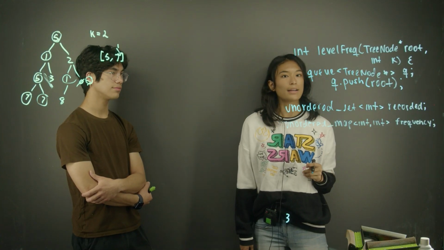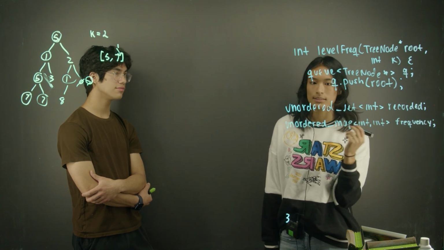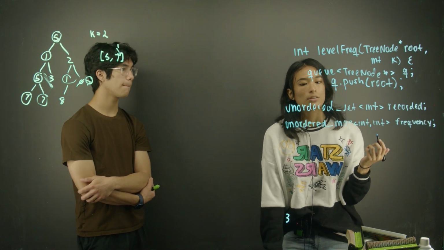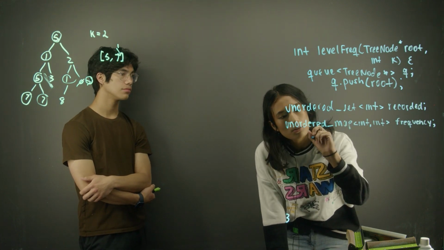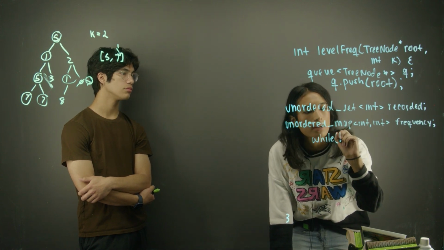All right, so these are my 3 data containers that I feel are the most appropriate for this. And I still want to perform my traversal. So I'm going to use while my queue is not empty.